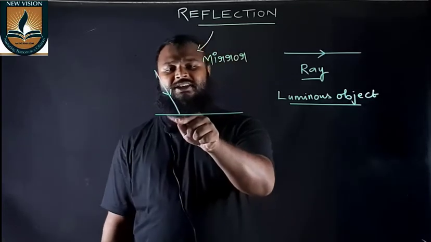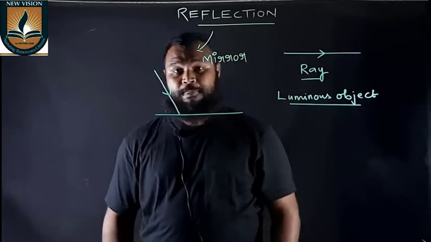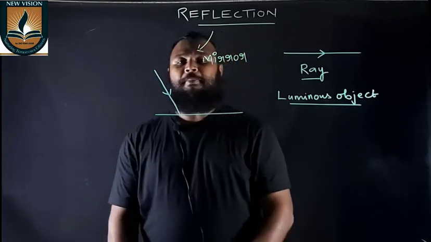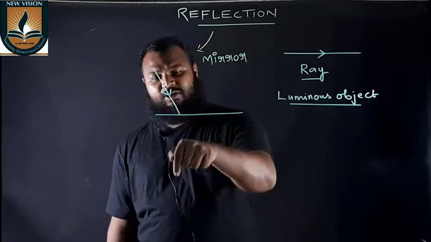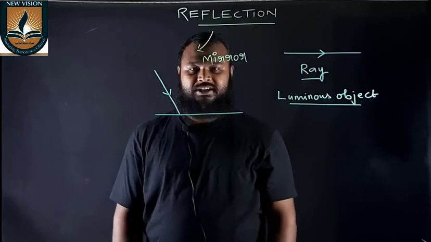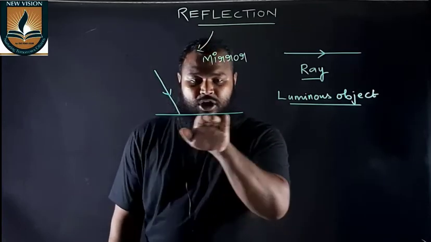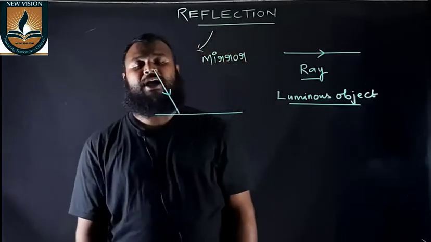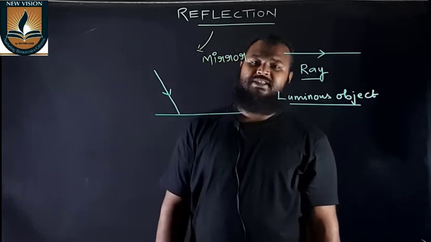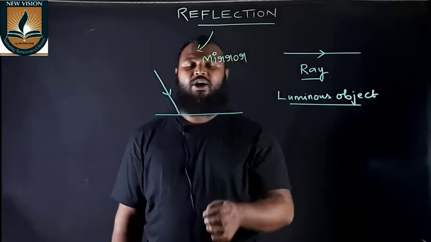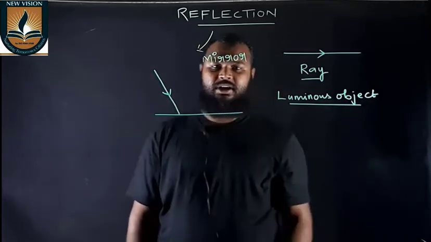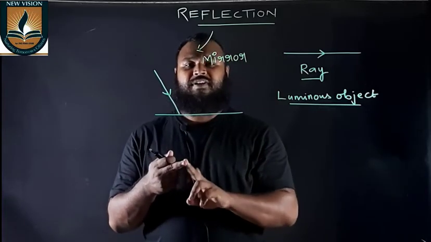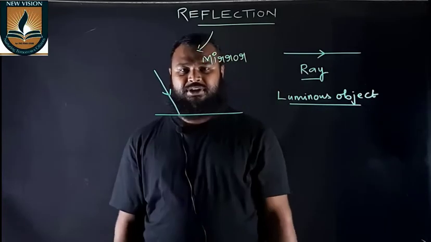Some part of light bounces back to the same medium, called reflection. Some part travels into the medium, called refraction, and some part is absorbed by the surface, called absorption. So when light is incident on a certain material or any object, three phenomena occur: reflection, refraction and absorption.